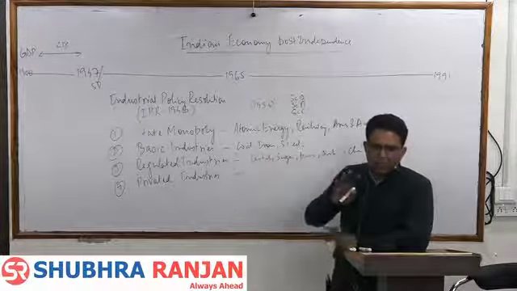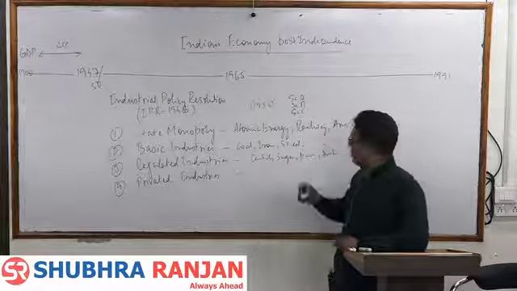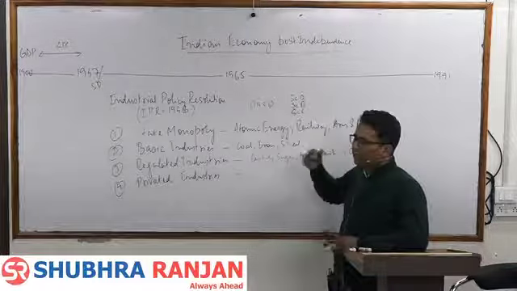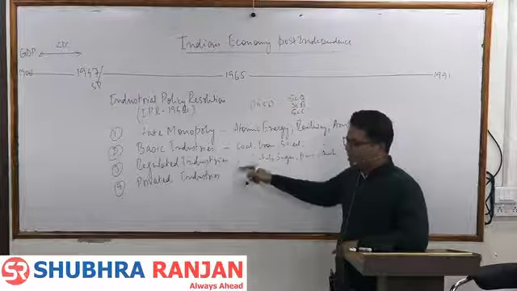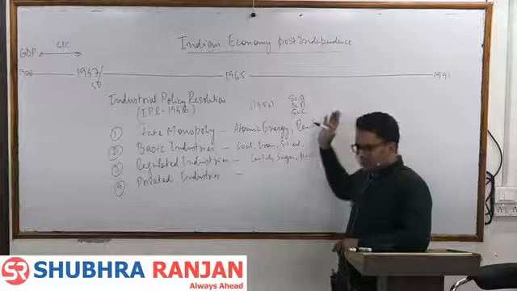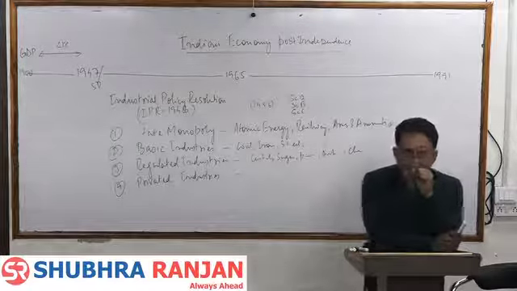You just need to know that there was a categorization of industries, in certain sectors private was allowed, in certain sectors private was not allowed. What we did basically is we merged these. Further it was again changed, and the last IPR came in 1991. So there was a classification of industries.